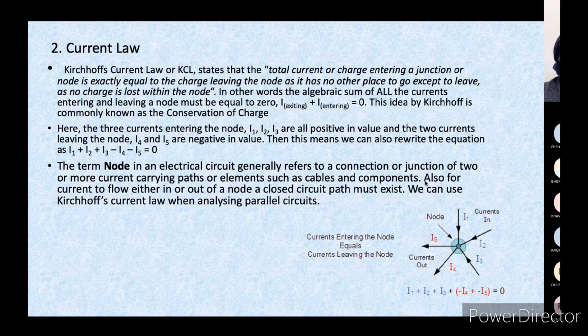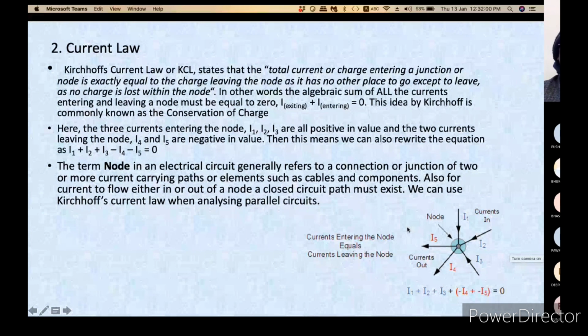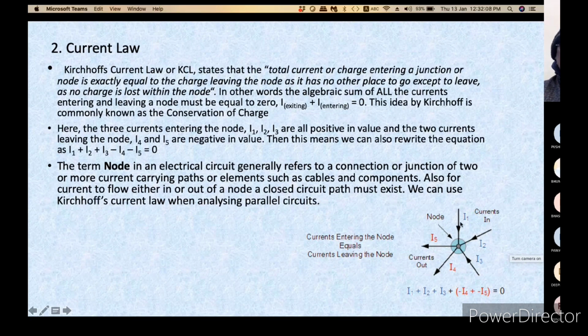When we consider nodes, the current at a particular point cannot remain there, so the addition of all the currents at a particular point, coming from all the sources from all directions, is equal to zero. This is KCL, Kirchhoff's current law, and we will be referring to it as KCL many times.